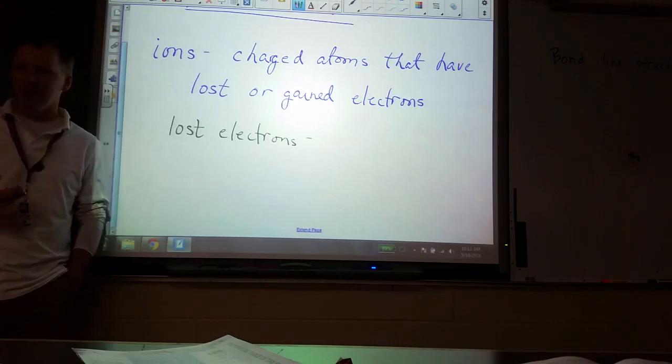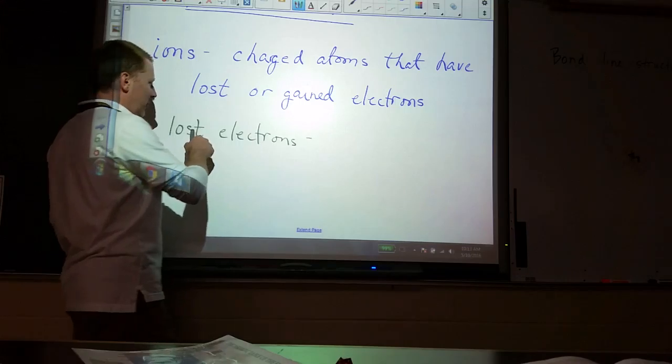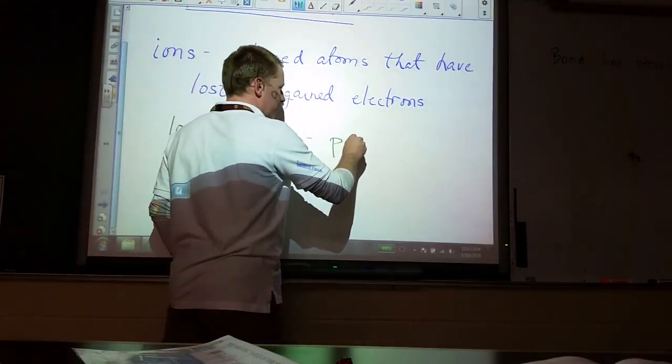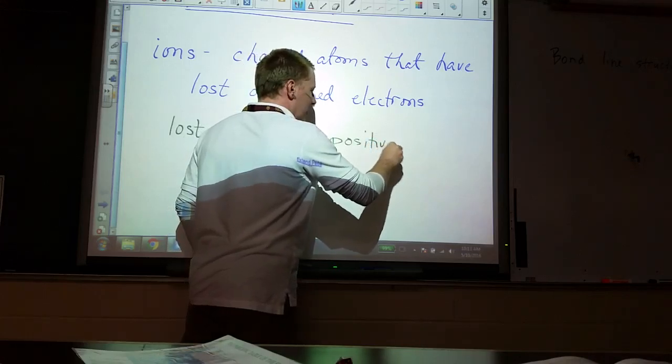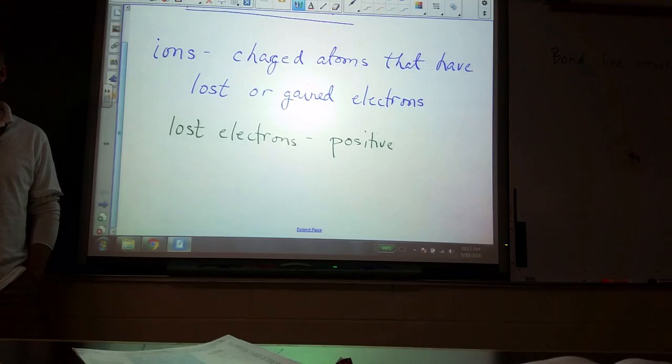It's just got fewer electrons. You probably haven't removed all of them, but if you lose electrons, you are positively charged. We will number that based on how many electrons it's lost. So it could be a 1 plus or a 2 plus or a 3 plus. Chemists always put the sign after the number.